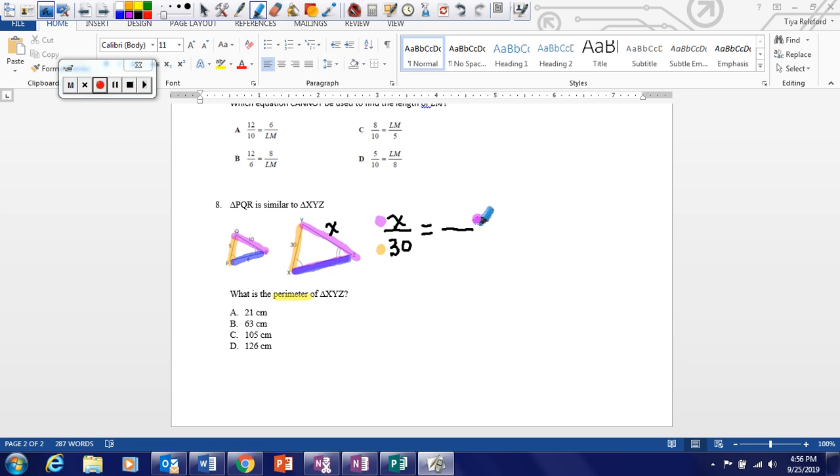So on this side, I need purple and orange. So looking at this other triangle, what is the number for purple? 10. And what is the number for orange? 5, right? So go ahead and solve that proportion. Push pause and then solve.